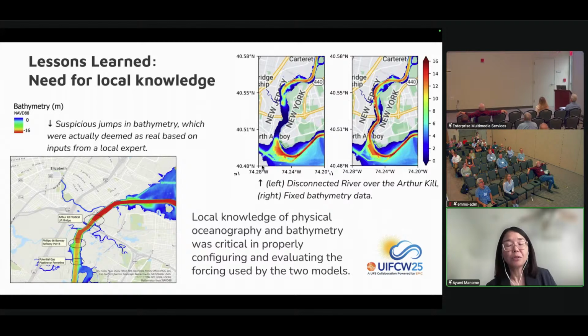There was an issue with old digitized bathymetry. One of the co-leads fixed this using the latest bathymetric source, and you can see a fixed map on the right. So local knowledge of physical oceanography and bathymetry are very critical in properly configuring and evaluating the forcing used by the two models.